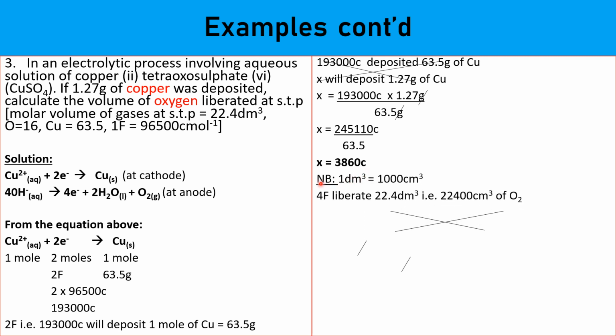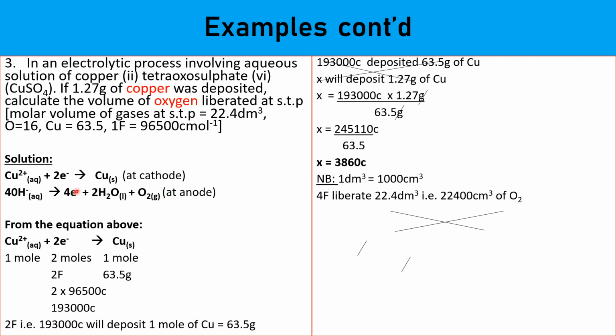Now, don't forget that 1 dm³ is equal to 1,000 cm³, and we can see in this equation that 4 moles of electrons were lost by 4 moles of hydroxide ion and liberated 1 mole of oxygen gas.